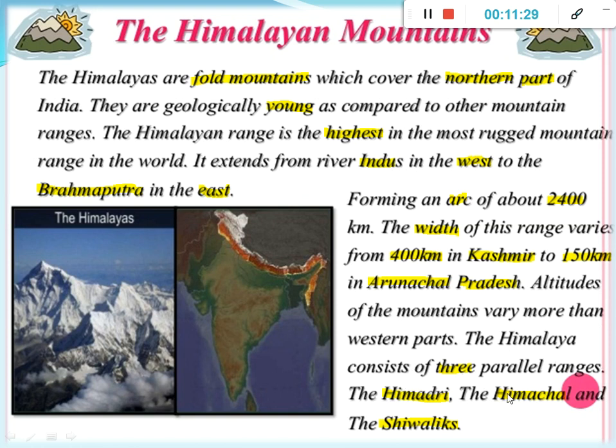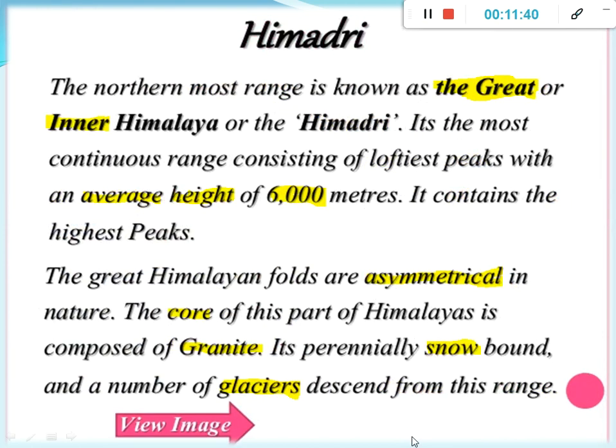It has three parallel ranges. First we have the Himadri, then we have the Himachal, then we have the Shivalik. First we have the Himadri. Himadri is known as the Greater Himalaya or Inner Himalaya. It has the loftiest peaks, whose average height is 6,000 meters.